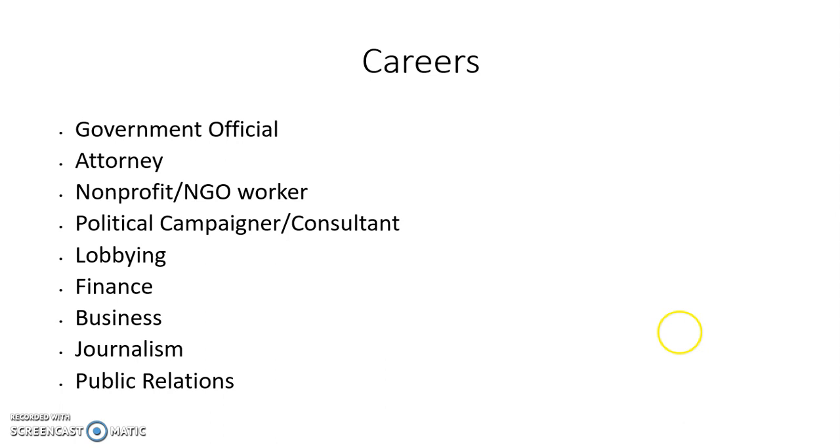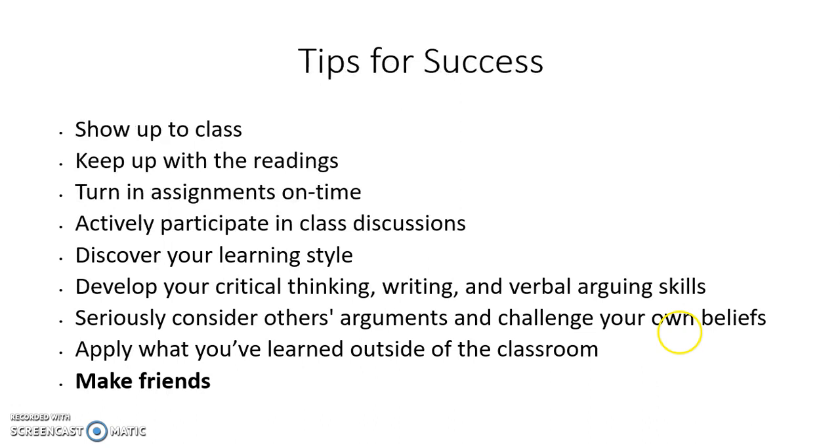And lastly, there are also a lot of lucrative careers in journalism and public relations for people who study this field. This isn't an exhaustive list. There are more careers within this field, but these are the most common careers that people in political science go into.